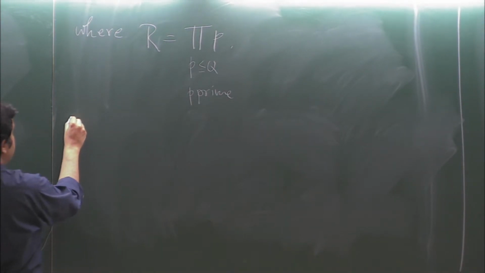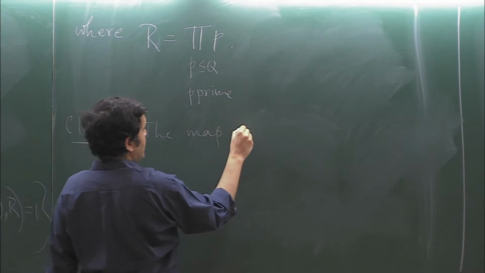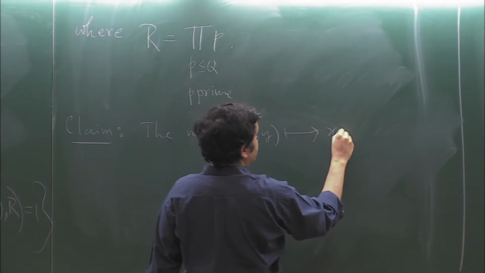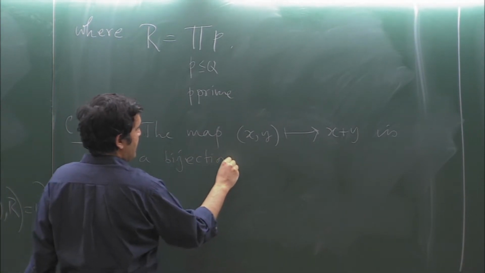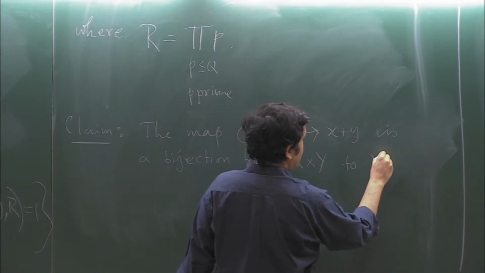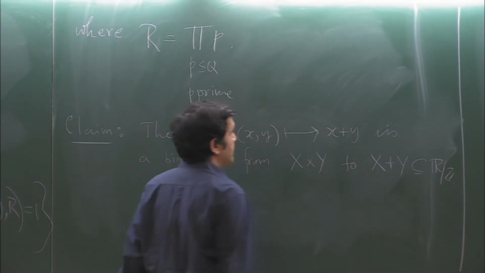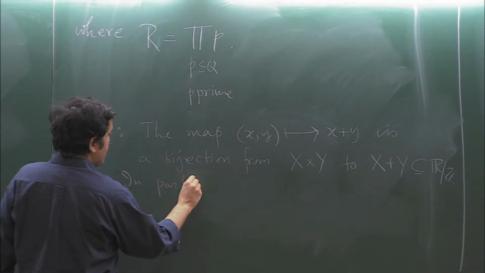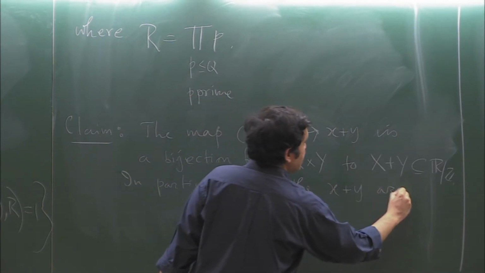Okay, and now my claim is that the map (x, y) going to x plus y is a bijection from X Cartesian product Y to X plus Y, which is inside R mod Z. So in particular, this would mean that all the x plus y are distinct.